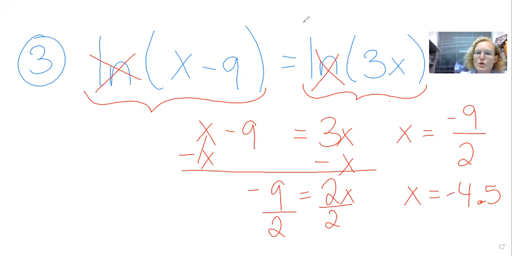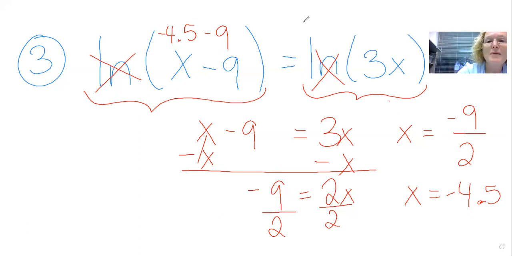What you want to do is when you plug this in, you want to kind of come up here and say, okay, so instead of x, we have negative 4.5. Negative 4.5 minus 9. What is that? So negative 4.5 minus 9. Well, if you don't know that and you're trying to double check it, you can, of course, use your math skills. Those are both negative. So we add them up, keep the sign of the negative number, or you can simply grab a calculator, either one.